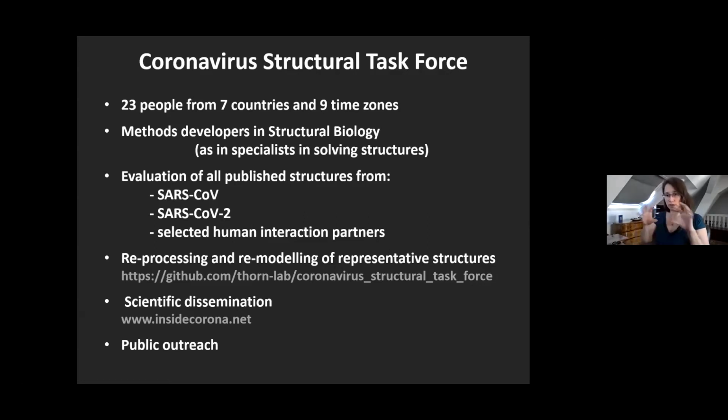And we do literature reviews for scientists to highlight certain proteins from a structural point of view, essentially giving a literature review and also addressing topics on how to choose the correct structure, for example, for molecular dynamics, and annotate all the structures. And we do some public outreach, about which I'm going to talk in the end.